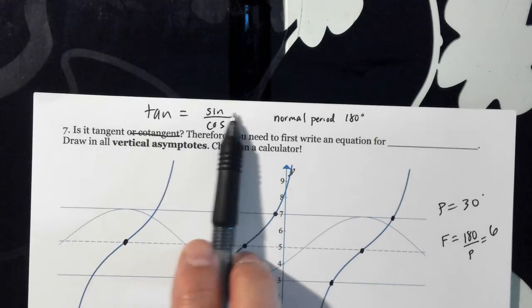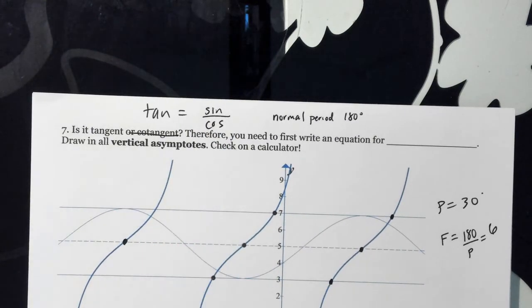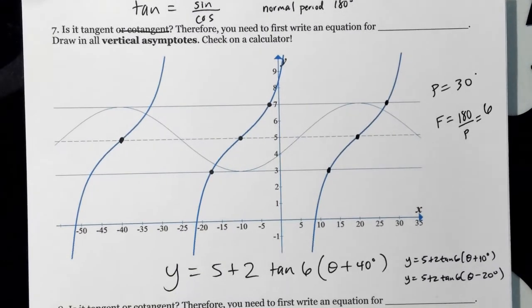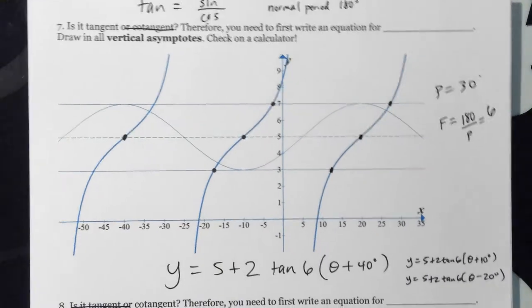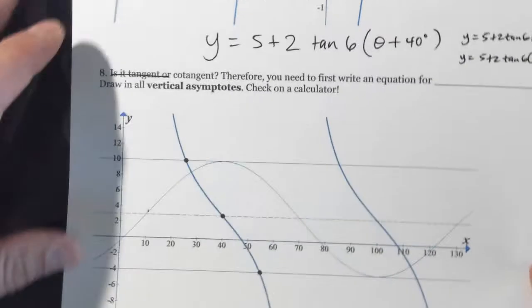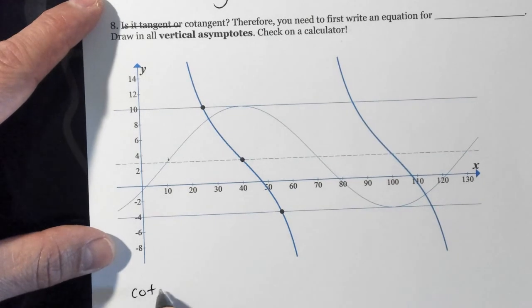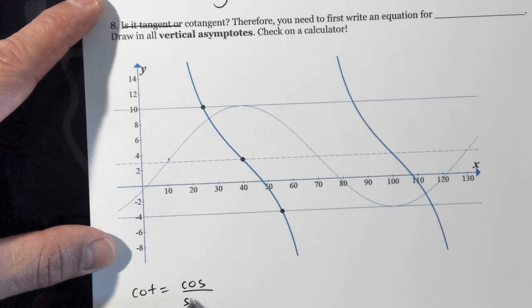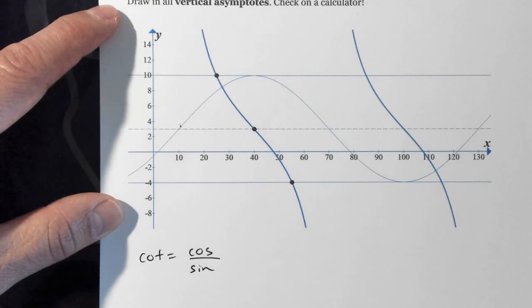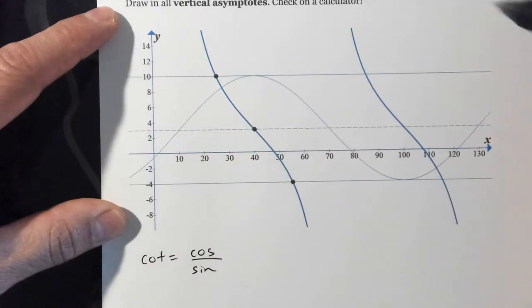We didn't even need to know that tangent was sine over cosine. You need to know that to graph it for sure, but for writing the equation, I kind of just taught you a faster way to do it, I suppose. Anyways, cotangent is cosine over sine. Do we really need to know that? No, I'm going to show you a much faster way to do it.